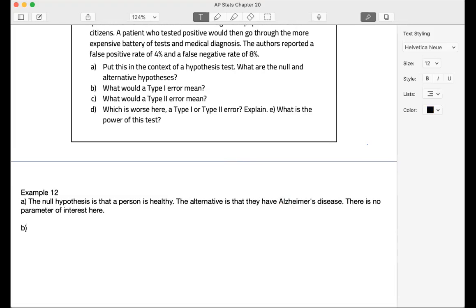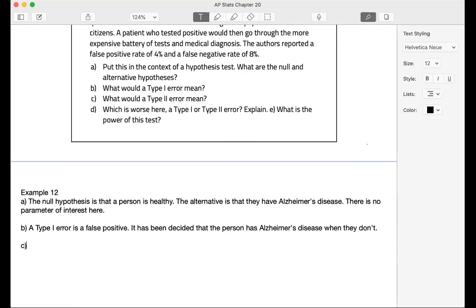All right, B. A type 1 error is a false positive. It has been decided that the person has Alzheimer's disease, and they don't.